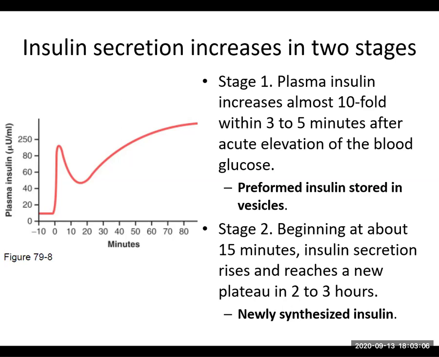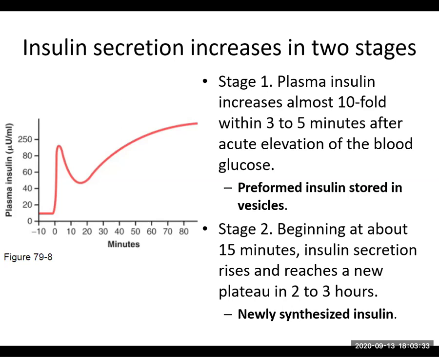And when we measure the plasma insulin after a meal, when we eat, our carbohydrates are broken apart, glucose goes into the blood, and we very quickly have an increased blood glucose level.